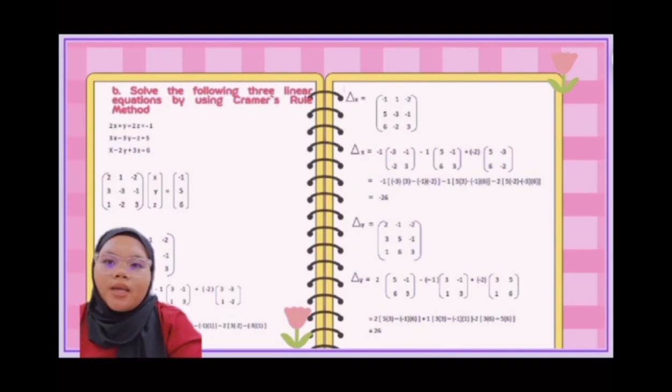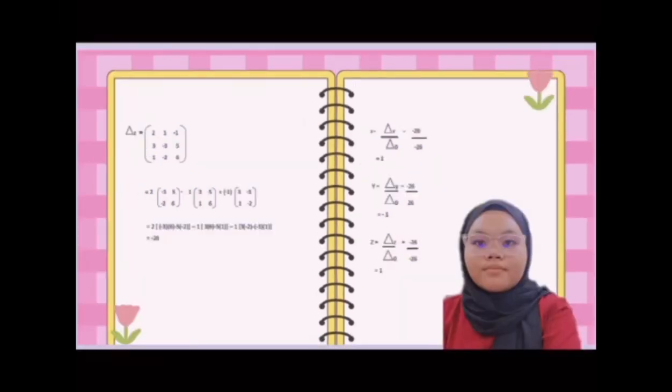For delta y, the second column, we replace it with the answer that has been given, and then we solve it using the same method and the same way. Then we will get the answer 26.